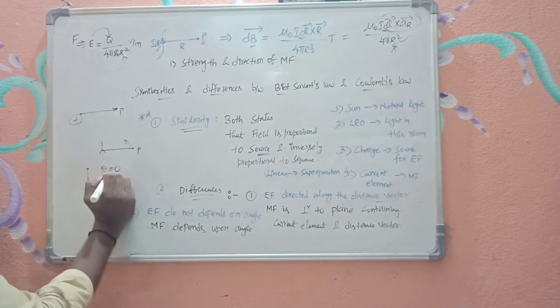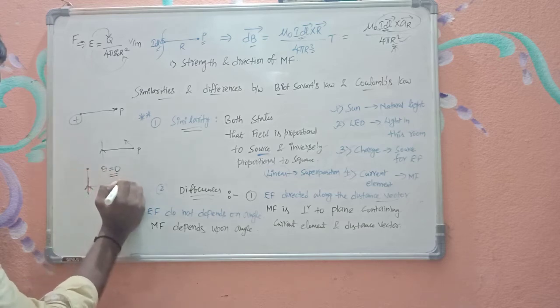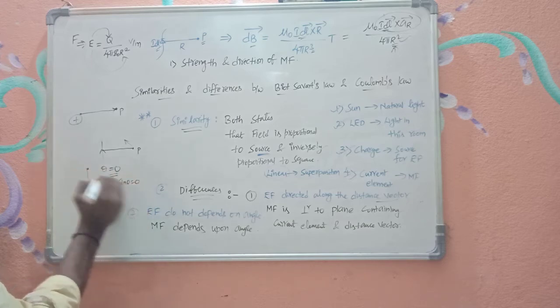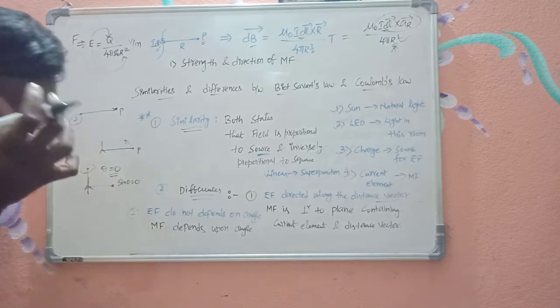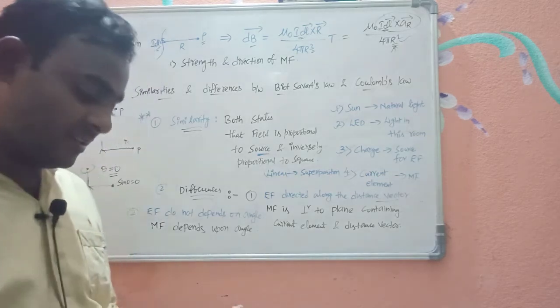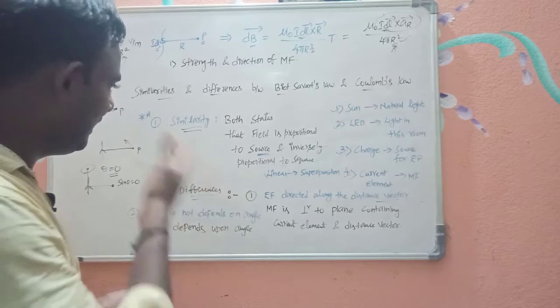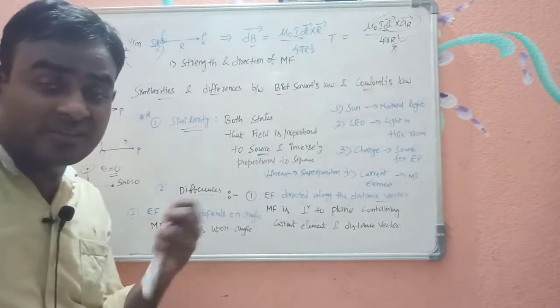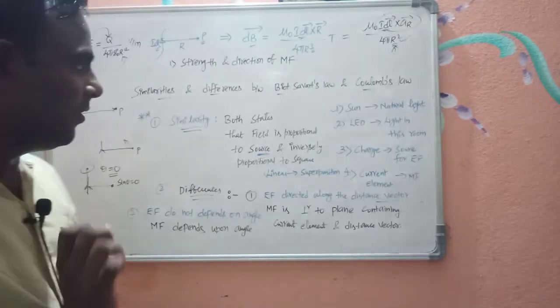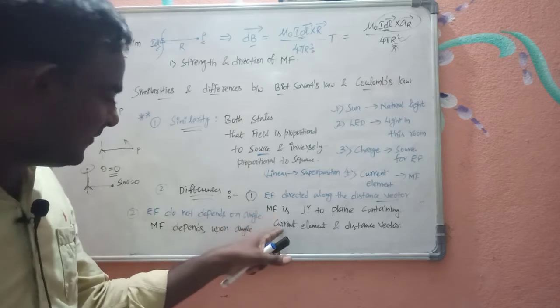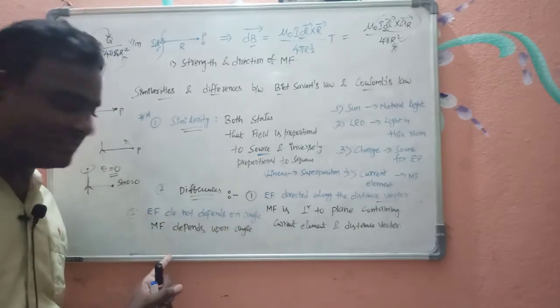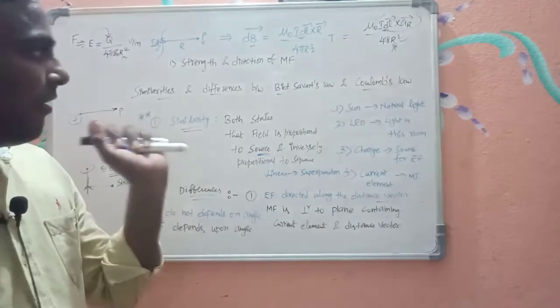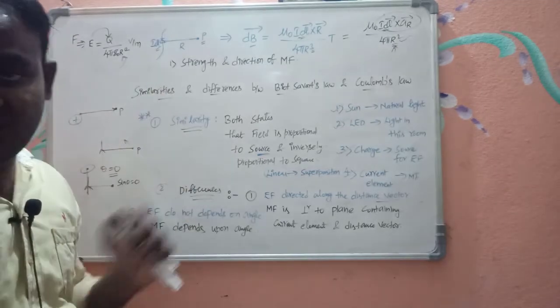Both are parallel, hence theta is 0 and sine 0 is 0. So you don't have a magnetic field at a point along the current direction. The magnetic field is related to the sine of the angle between them. This is another basic difference between Coulomb's law and Biot-Savart's law.